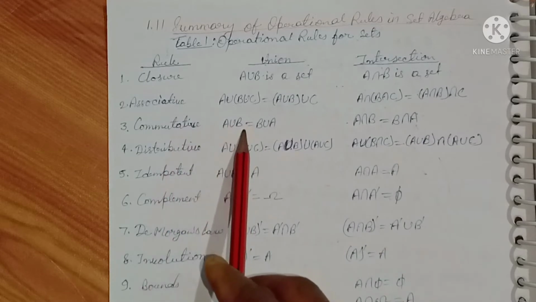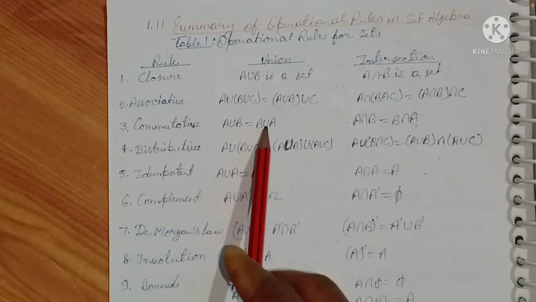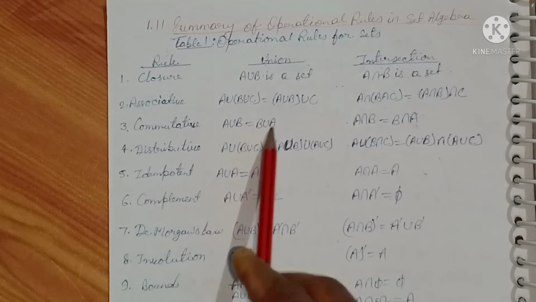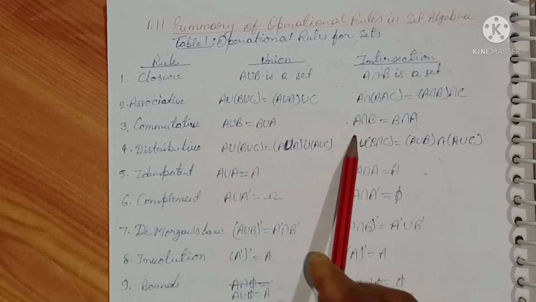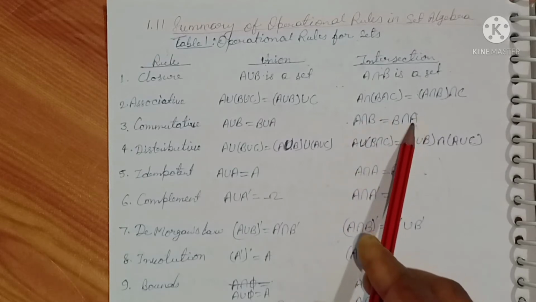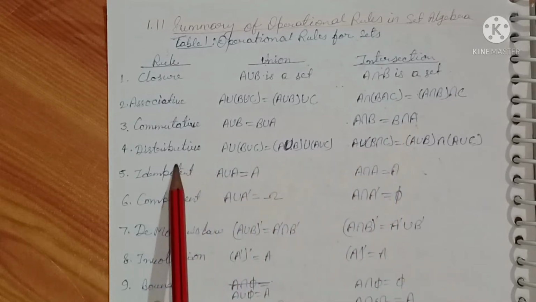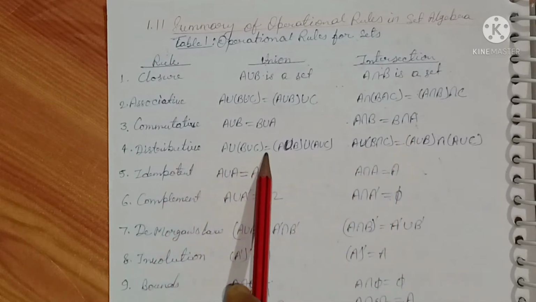And then the commutative property: commutative means a union b equals b union a. In the same way, a intersection b equals b intersection a. Okay, then the distributive properties.